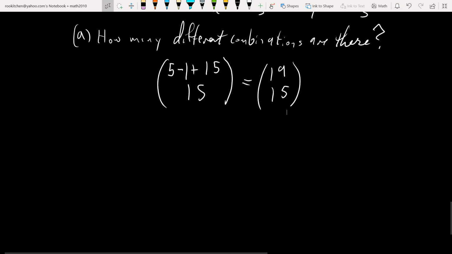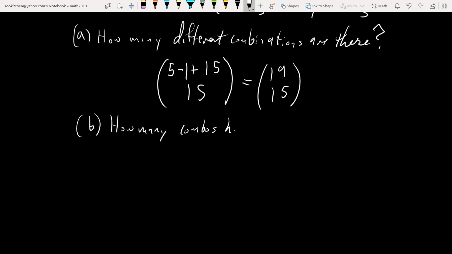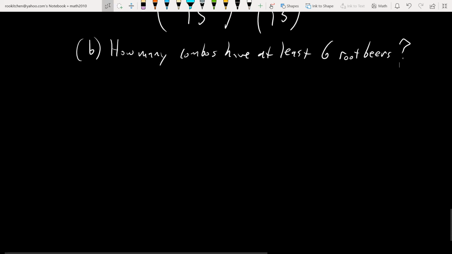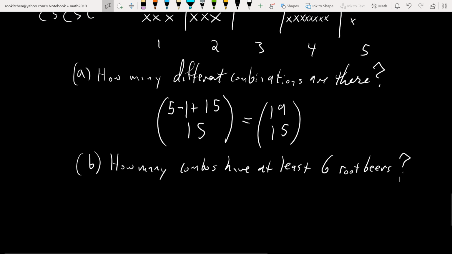Part B. How many have at least 6 root beers? How many of these combinations have at least 6 root beers? It's almost like you're throwing away X's in this regard.